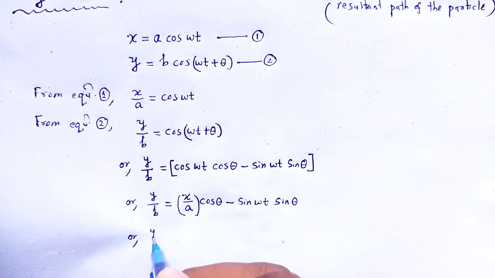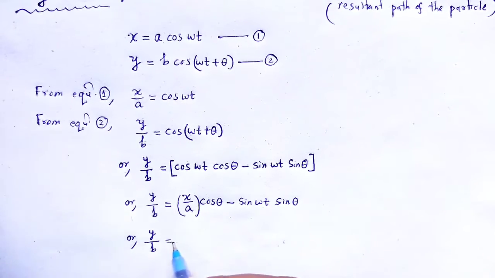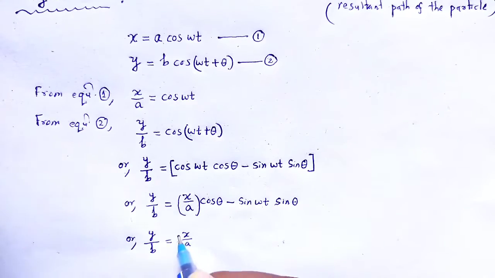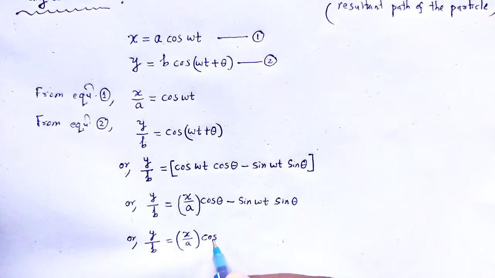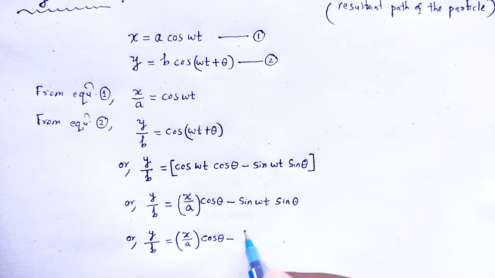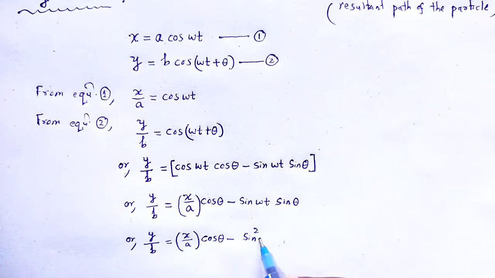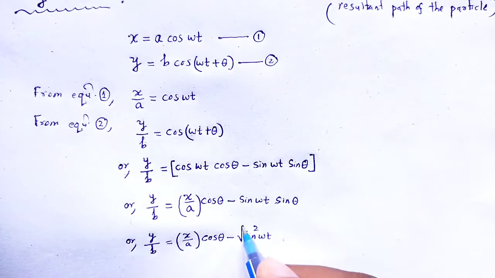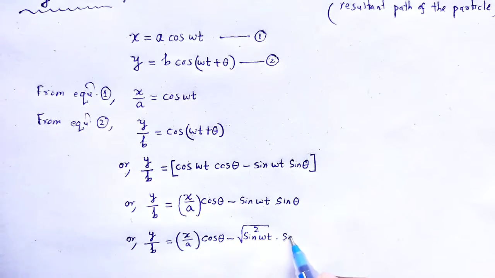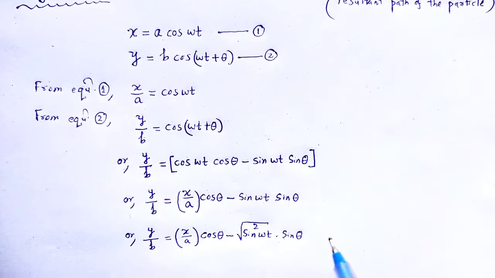Or y by b is equal to x by a cos theta minus, in place of sin omega t, I replace it as the square root of sin square omega t, sin theta.